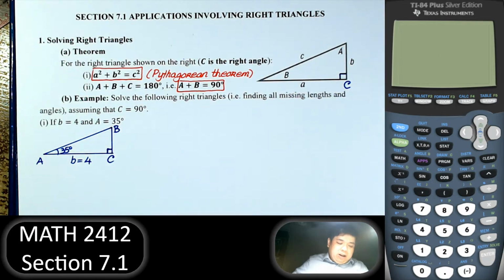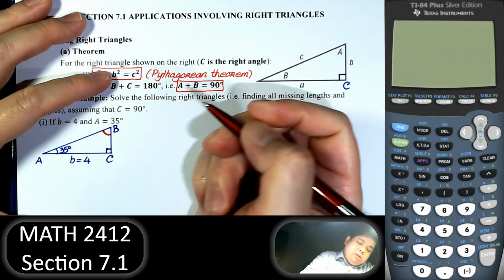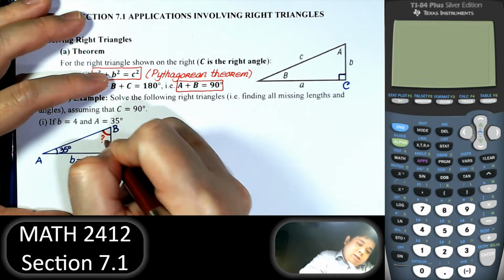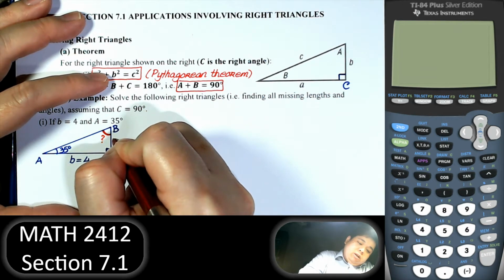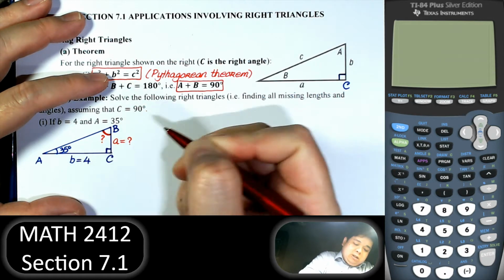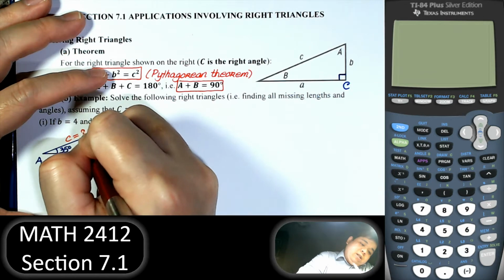What we don't have, of course, is the angle B. We don't know side a, and we do not know side c.